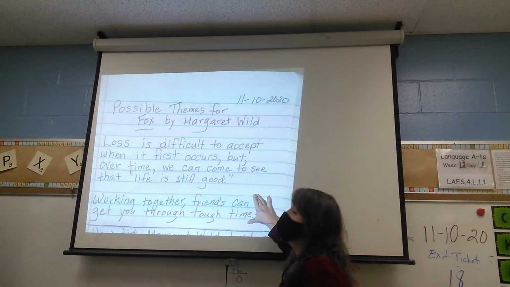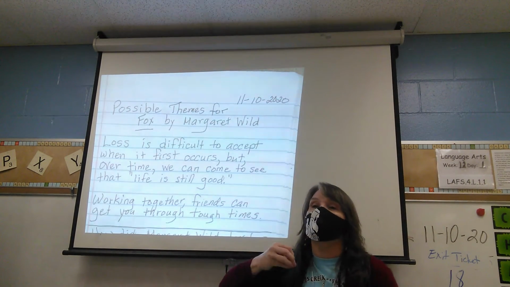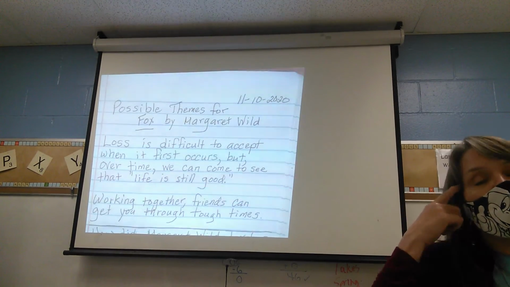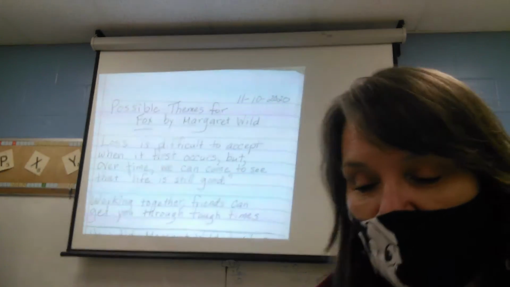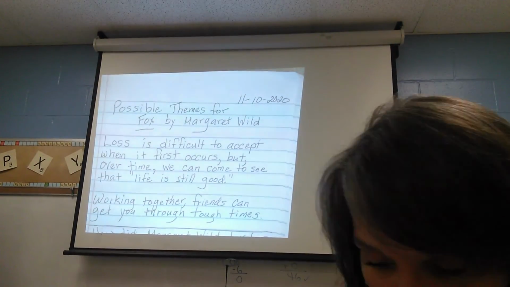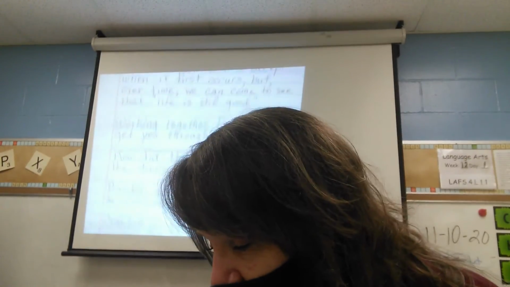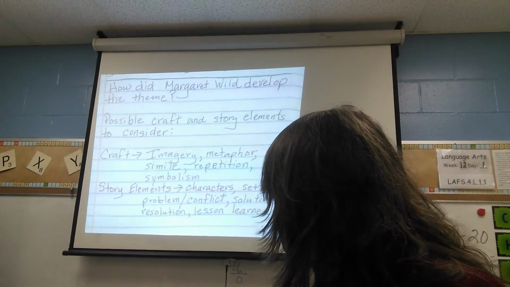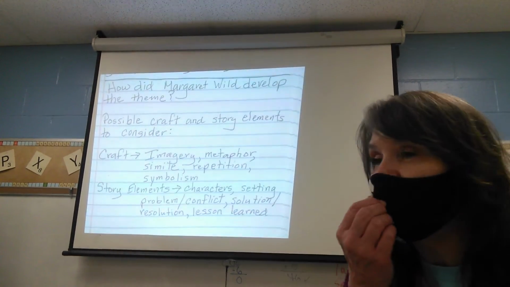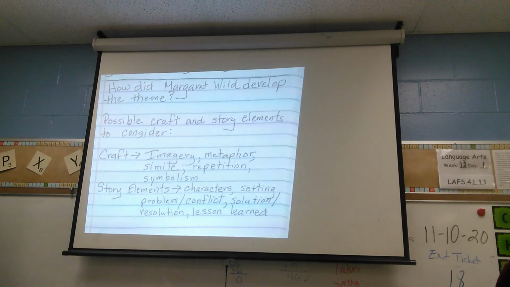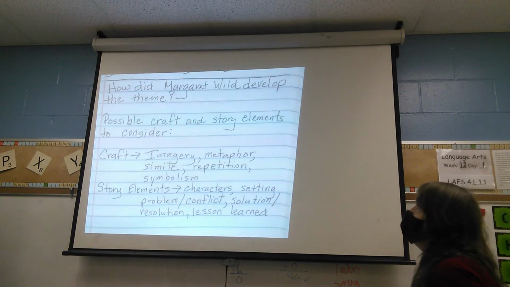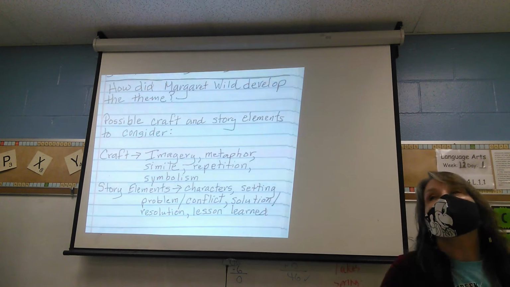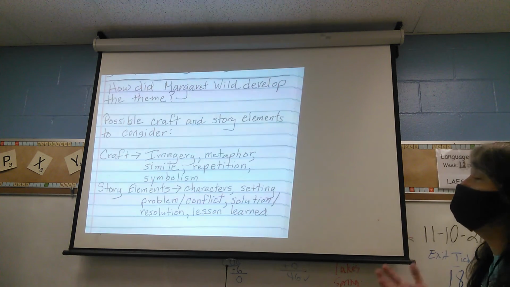So that's how we are going to support our thesis statement for our plan: we're going to think, how did the author develop this? I'm going to move on to the next part of our chart, because once you get some themes, and if you didn't get a chance to jot that all down, just leave some space and I'll put it back up in a few minutes. Now it becomes a question of asking, how did Margaret Wilde develop the theme?